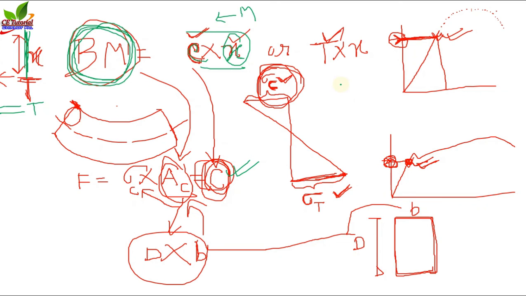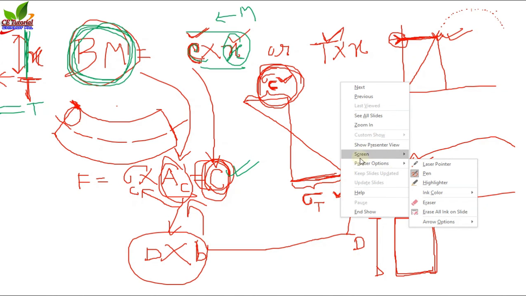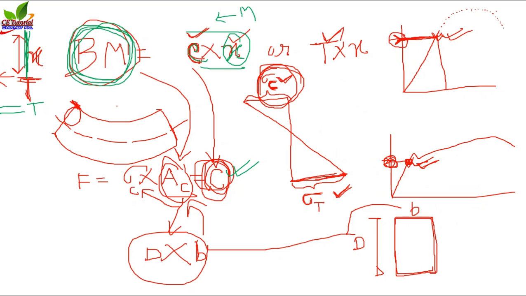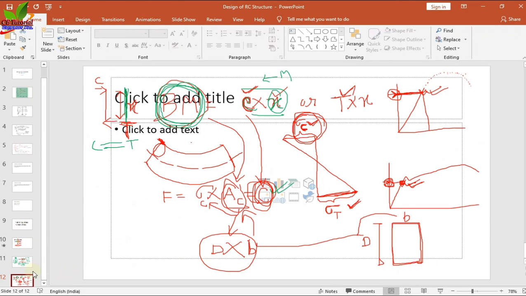Now, if you see from another point of view, from the tension side, our internal forces are one is C and another is T. And if this beam is in a safe condition, that means the minimum condition should be bending moment equals C into x.